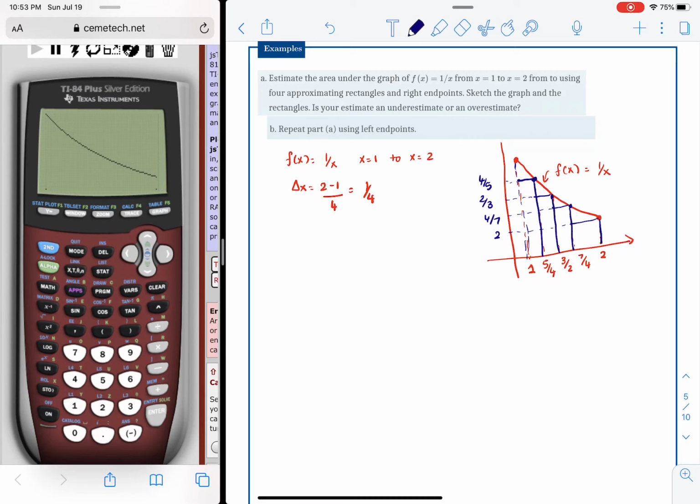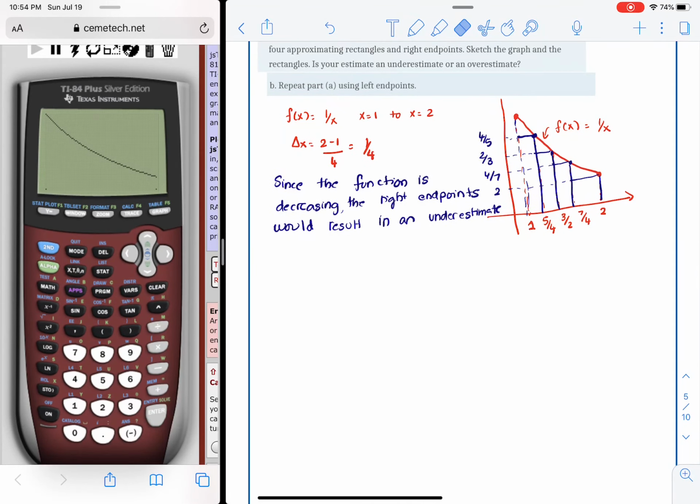So since the function is decreasing, the right endpoints would result in an underestimate because the rectangles leave us with some gaps. So there is a gap here that's unaccounted for, gap there, gap there, gap there.